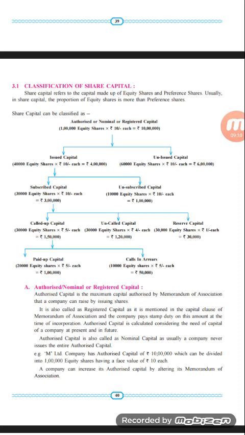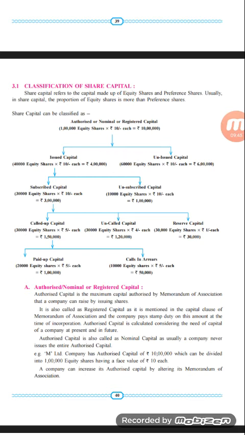But this rupees 10 is not collected from the customer at one time. The company will not collect rupees 10 on a particular share from the investor at one time only, but will collect it in installments, and those installments are bifurcated into called up capital, uncalled capital, and reserve capital.